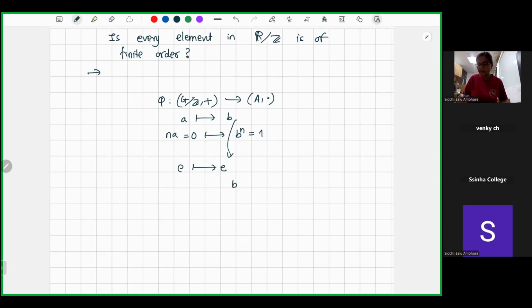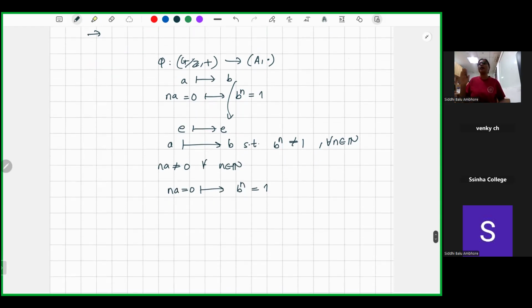If there exists some element b here such that b power n is not equal to 1 for any n, then the a which I am mapping this b to must also have that kind of property, that a power n must not be equal to e, or 0, for all n in the naturals. Because if it becomes 0, then b power n must become 1. But that won't happen, because the identity always goes to the identity under a group homomorphism.